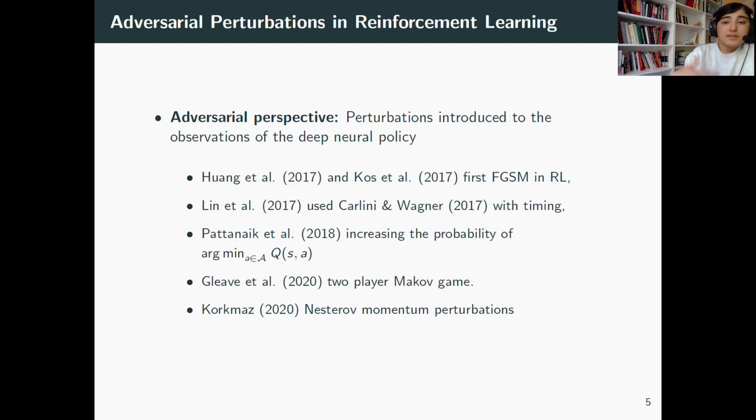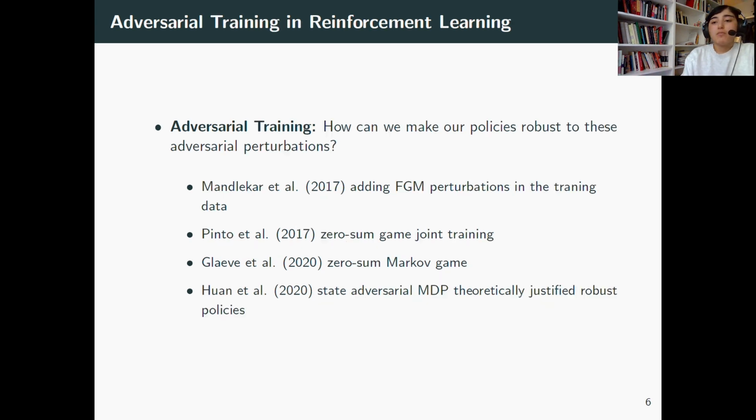And while there is several work on this adversarial perturbation, another line of work focuses on how we can make our policies more robust to these perturbations. The initial work on this is adding FGSM perturbations in the training data, proposed by Kos and Song, and Pinto et al. And Gleave et al. propose to model it as a zero-sum game.